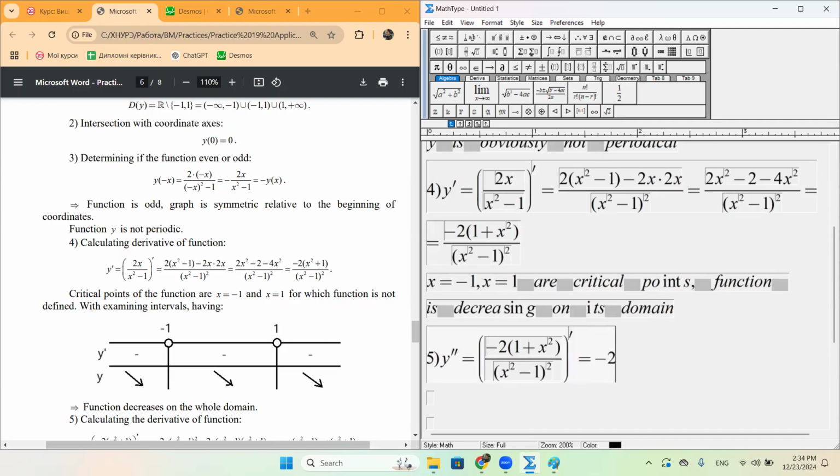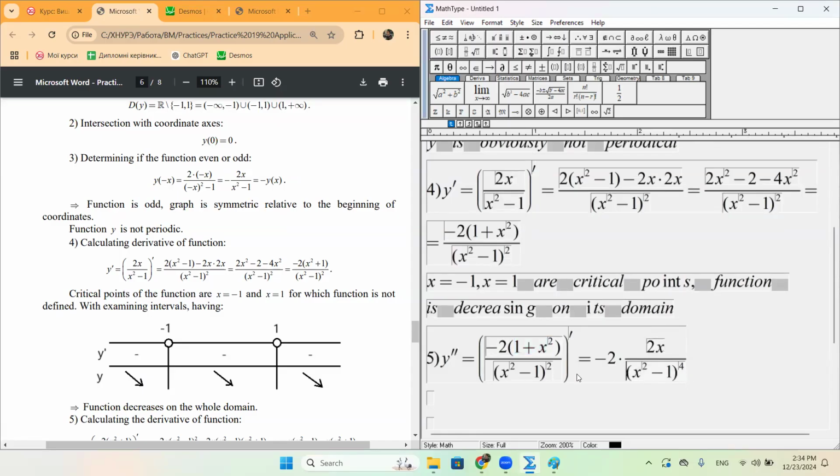Moving out of brackets for now, out of this fraction. What we have here, power of 4. And now differentiating 1 plus x in power of 2.